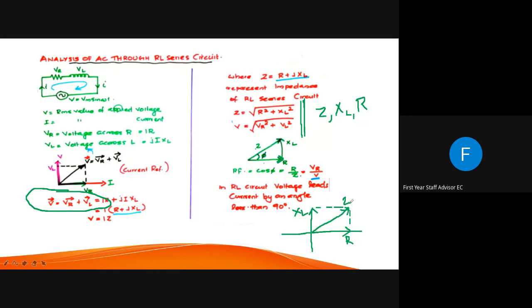If you draw the resistance triangle, you can say that this side is of resistance, this length is of reactance, and the hypotenuse is of impedance.